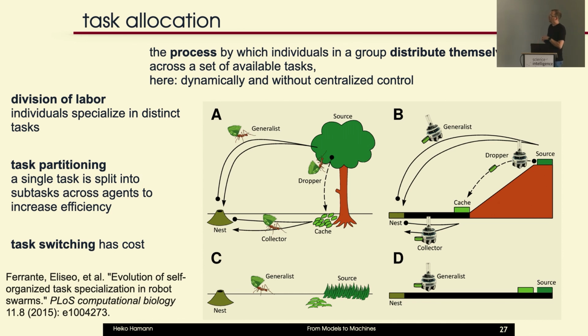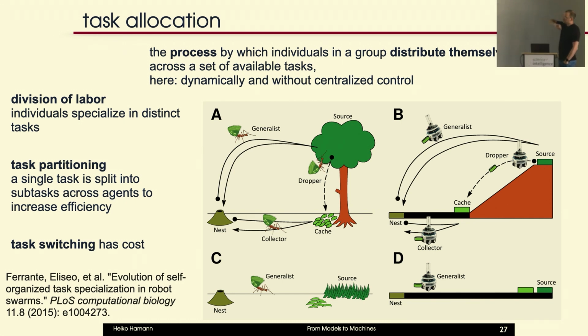The robots would be deployed, and then they face a certain situation in this environment, and then they should find out, okay, maybe we need so and so many on task A and so many on task B. Again, without centralized control, right? So they have to decide that by themselves with this partial information. They don't see the big picture.